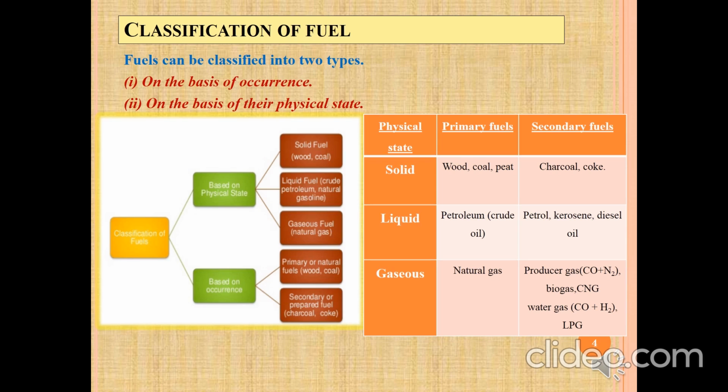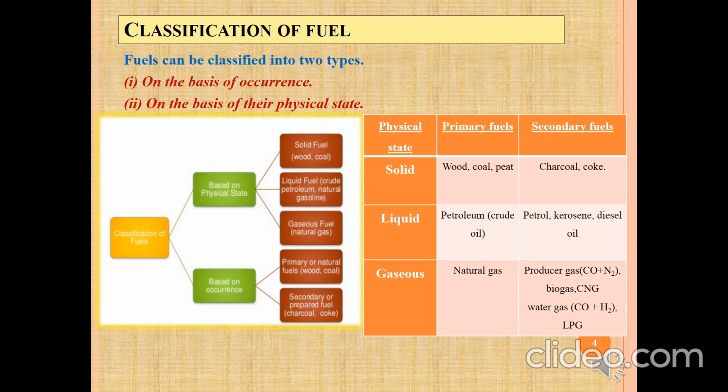So what are primary fuels? Primary fuels are the fuels which are used as such as they occur in nature. That is, they can be used without processing or with slight processing. Examples for primary fuel are wood, coal and natural gas.